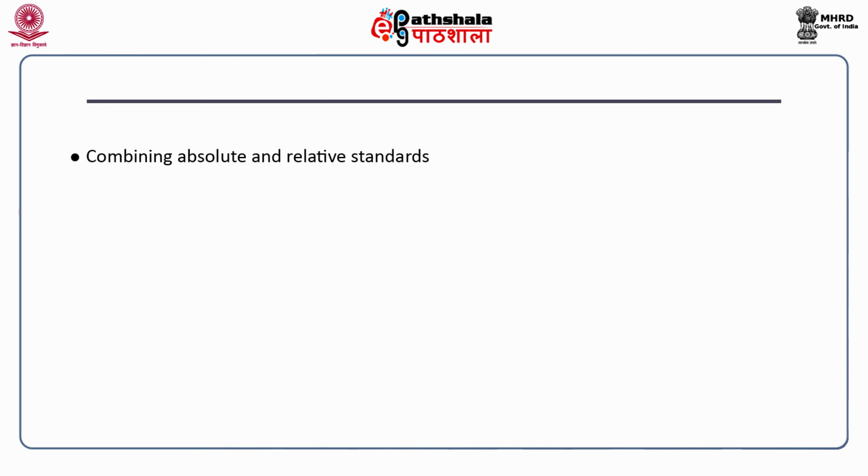Combining absolute and relative standards. Reward must be done by combining absolute and relative performance standards so that objectives of job performance are realistic and achievable. Behavior-based measures must be used for correcting and developing desired employee attitude, motivation, and behavior for directing and controlling employee efforts and outcomes.